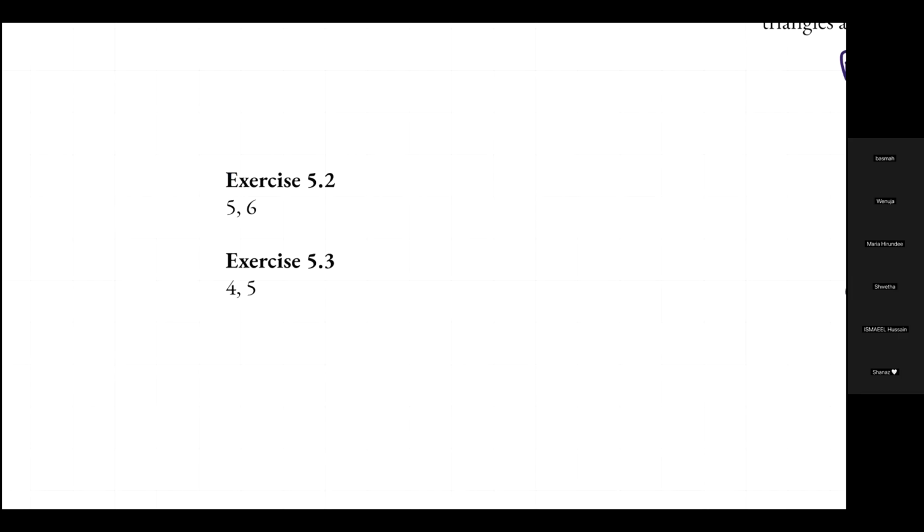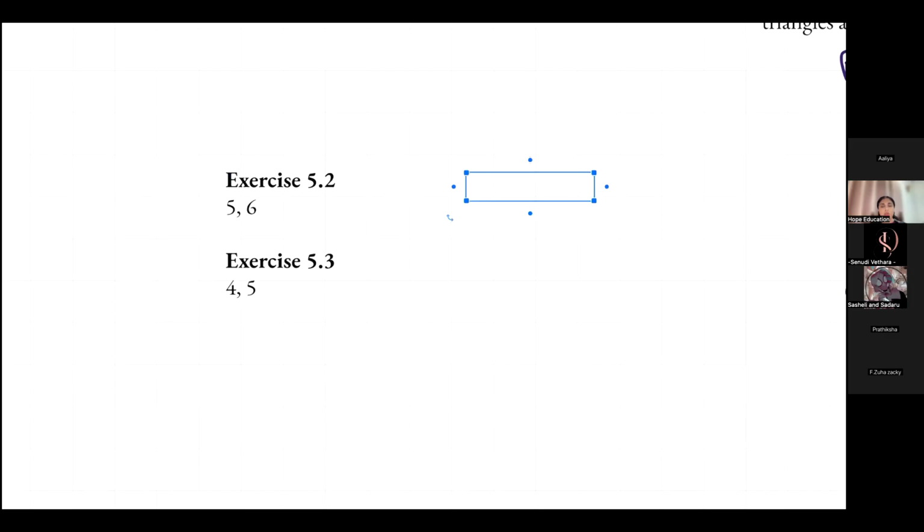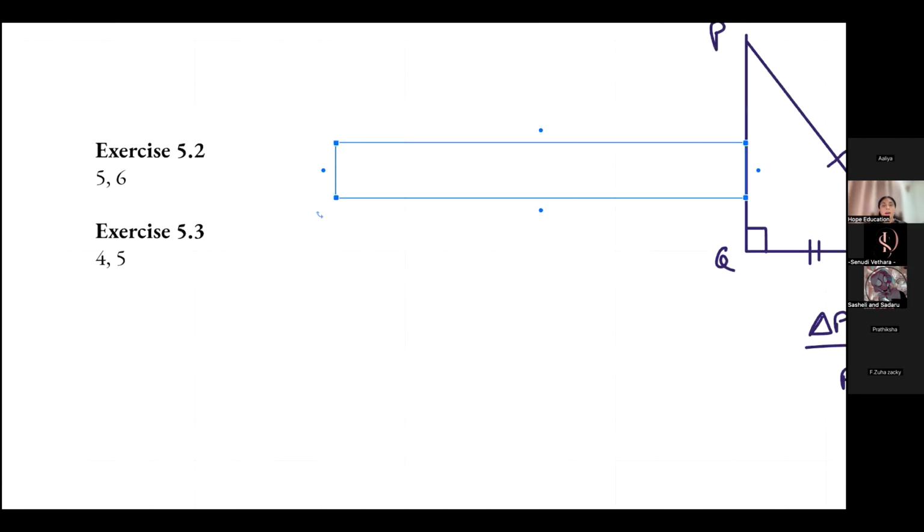Miscellaneous exercise 7, 8, and 9. Okay. Thank you. The last week one, yes. Oh, okay. Homework from last week: Miscellaneous exercise 7, 8, 9.